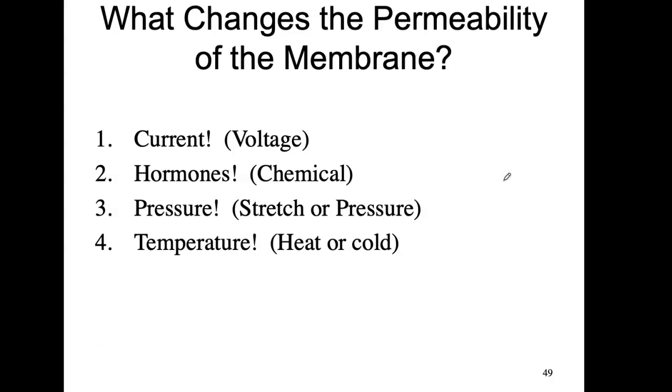You start to sweat. So those glands have to open up. And what's the signal to open up? Temperature, heat. And it's going to open a sodium channel. Sodium comes in, you get an action potential. That action potential says, okay, release water. And you start sweating. So these are going to be in your body regulating how these action potentials get triggered.